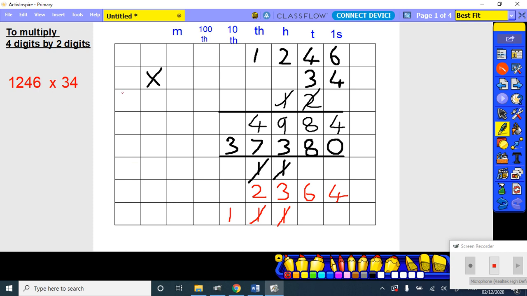We will finally add the digits in our 10,000 column, which is 3, plus the 1 down here, giving us a total of 4 lots of 10,000. And there we have our answer. 1,246 multiplied by 34 equals 42,364.